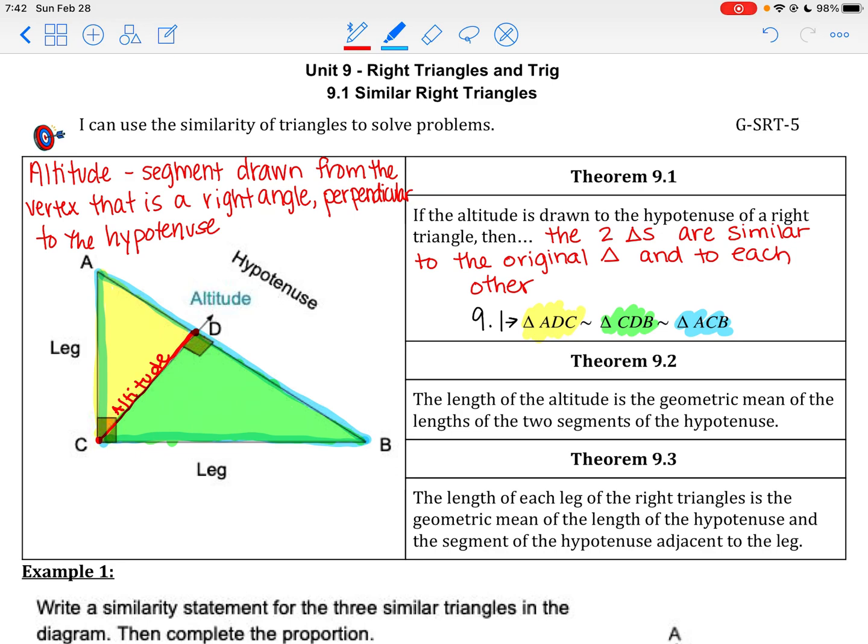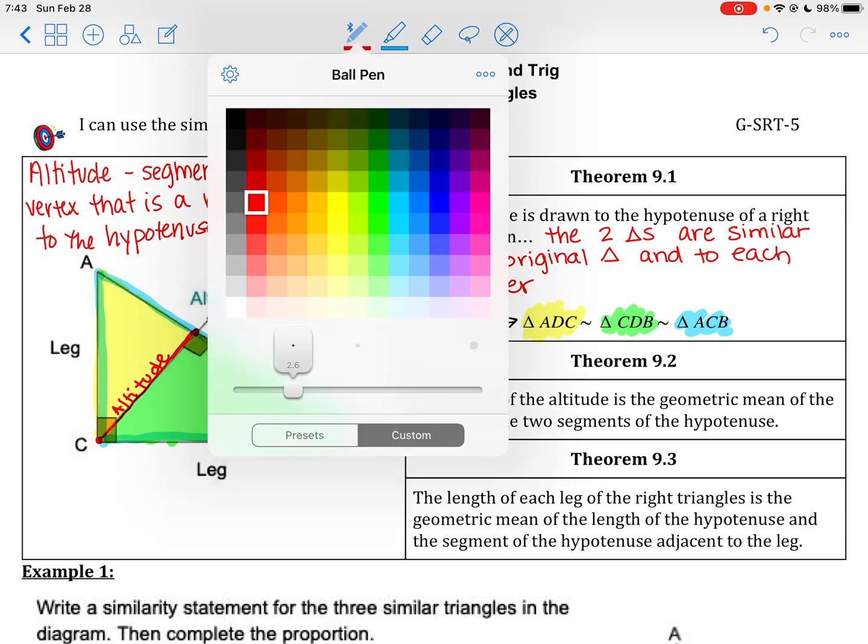Those three triangles are similar triangles: the two smaller ones created by the altitude and the original large triangle. So 9.1 gives us that similarity statement where all three triangles are similar. Now we're going to use this to create more theorems.